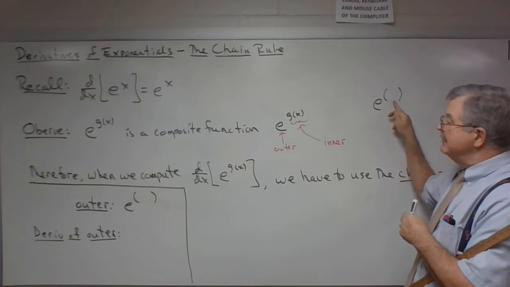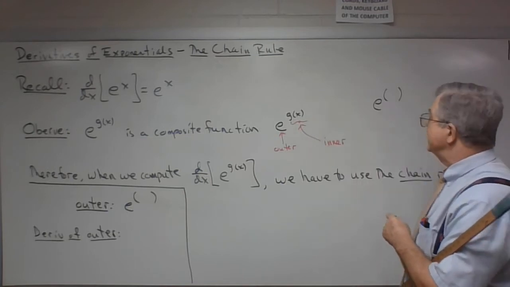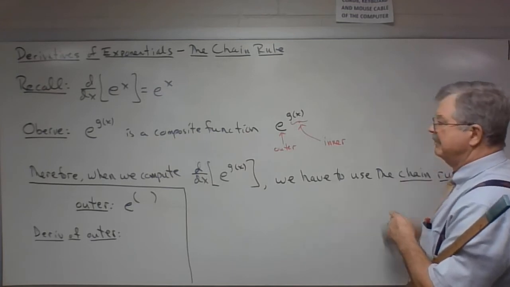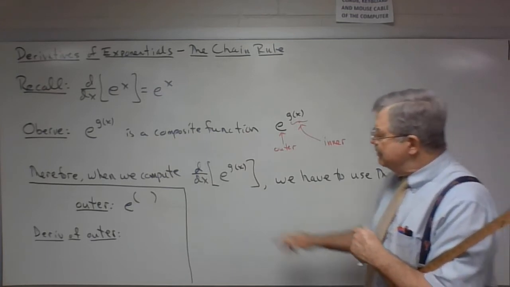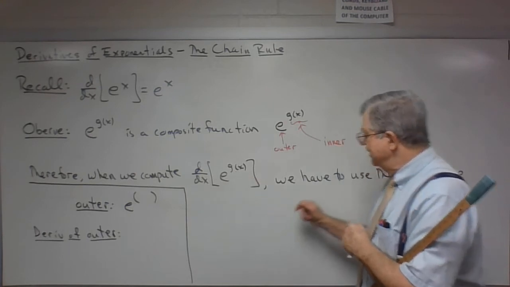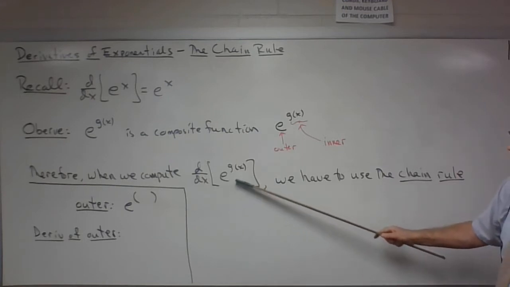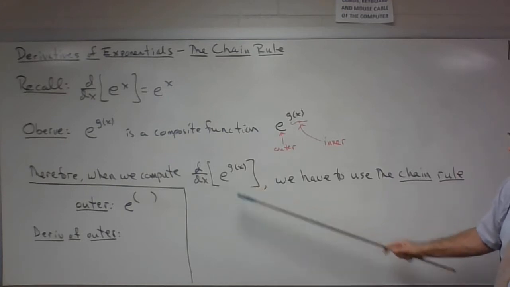This is the outer function. The inner function is g of x, the exponent. So when we compute the derivative of e raised to the power of a function, we have to use the chain rule because we're computing the derivative of a composite function.